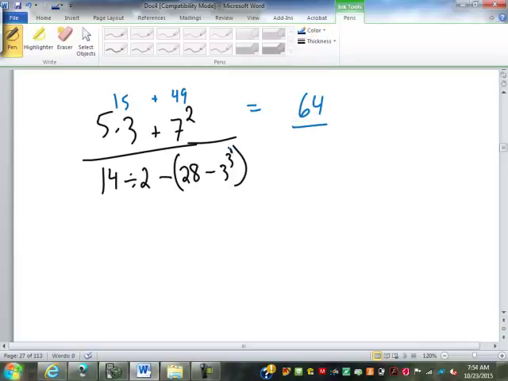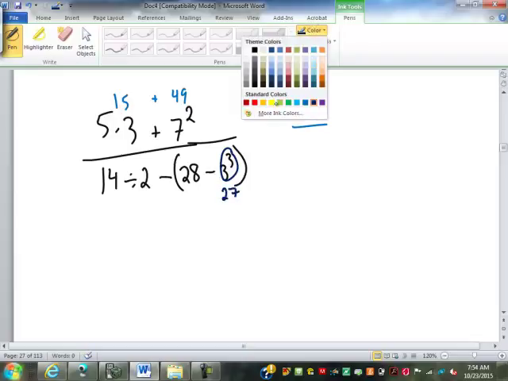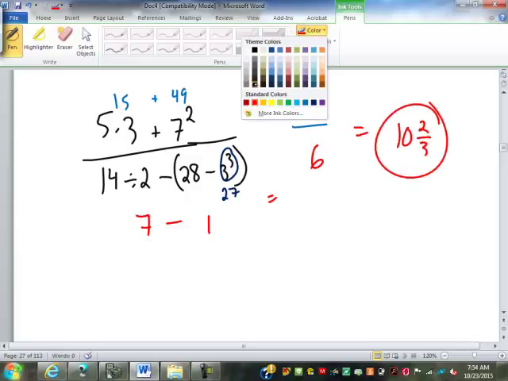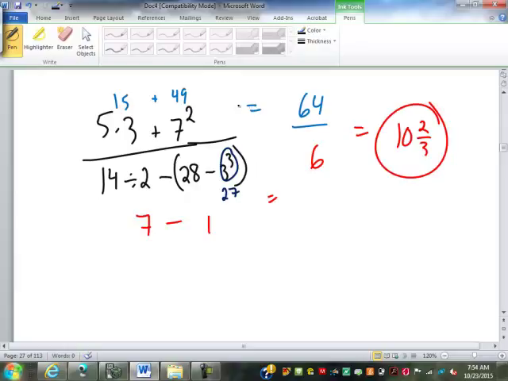We've got to do the 3 to the third, which is 27, and then 28 minus 27 is 1, and then plus 7 is 7. So we've got 7 minus 1 is 6. 64 divided by 6 is 10 and 2/3. Good stuff.